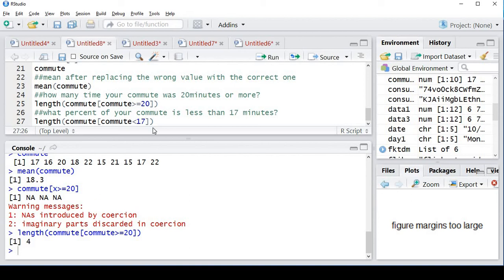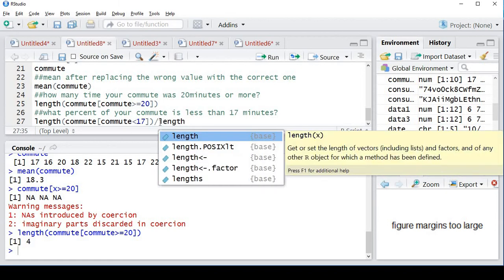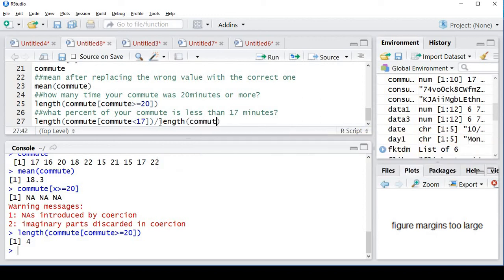Now this has to be divided by the total number of elements in your variable commute. And since it is a percentage that is being asked, multiply it with 100. I hope this is clear.